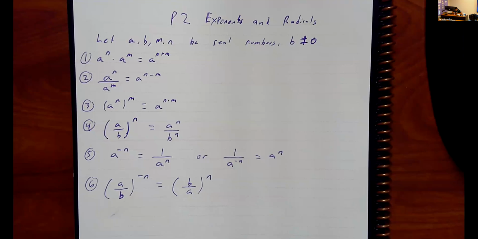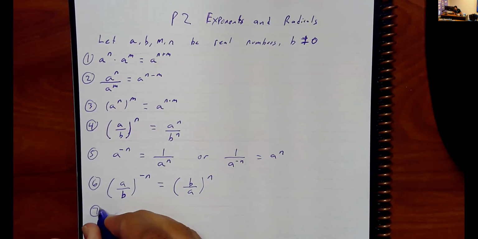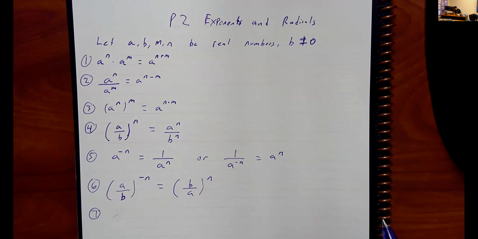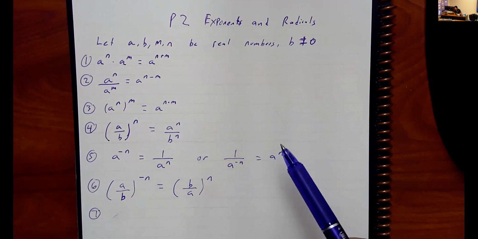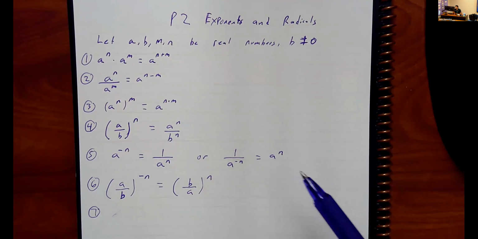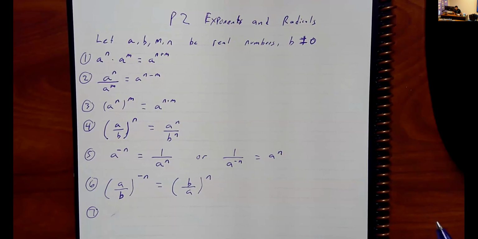All I'm doing is writing the rules of exponents. These are properties. We haven't started any problems yet. Number 7. Let's see here. All these are from like high school algebra. You've done all this before. They might have been written differently, but it's the same thing.